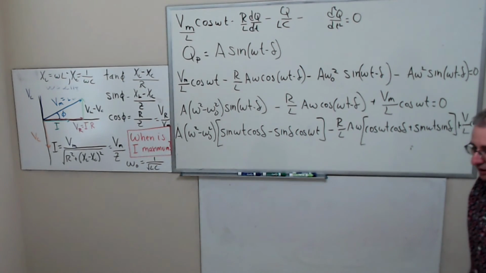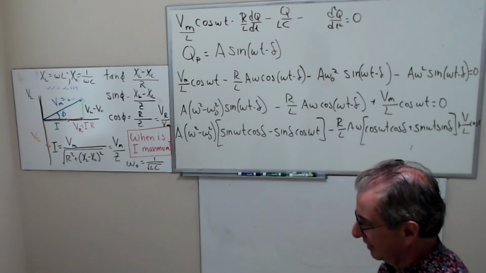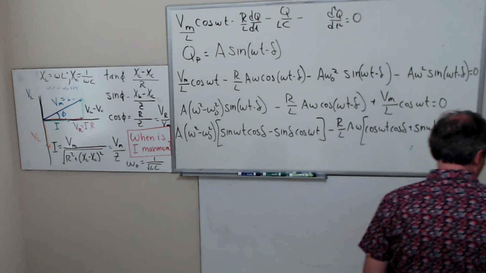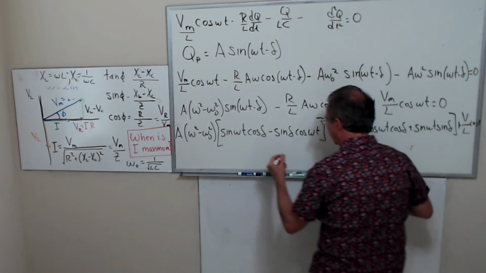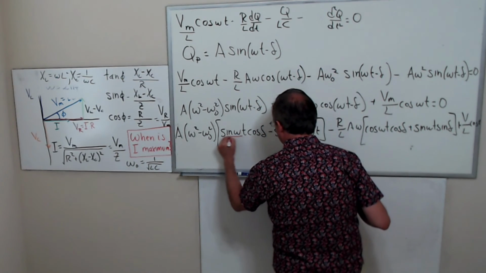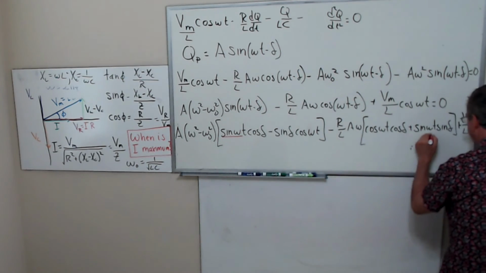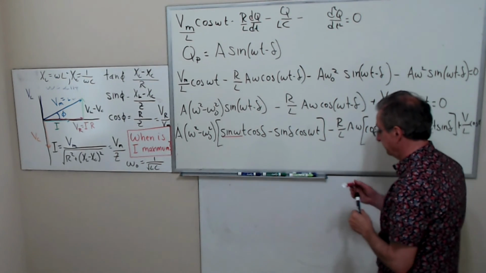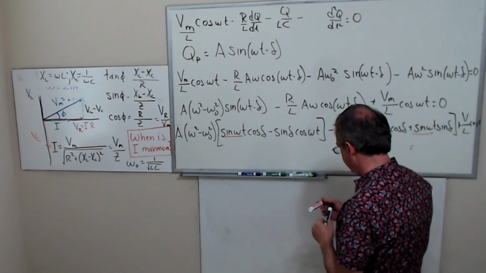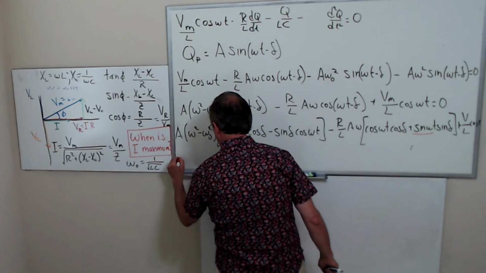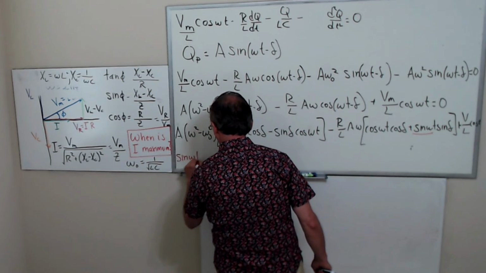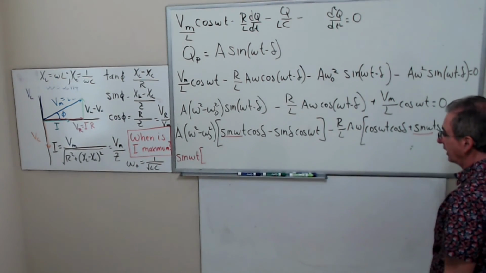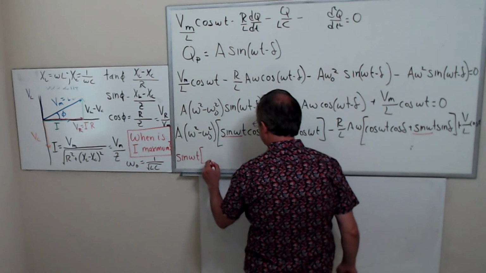This whole thing equals 0. I don't want to write it on my wall, okay? So now what I'm going to do is collect these terms together. So I'm going to collect those terms together. Sine of omega t, and I got to write kind of small.